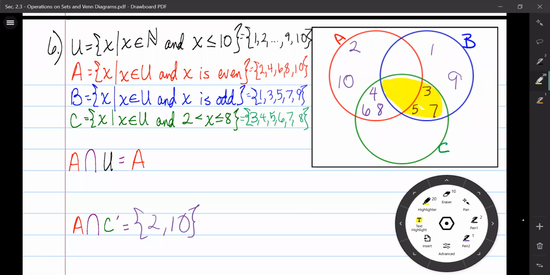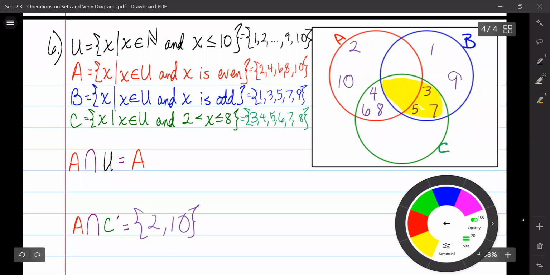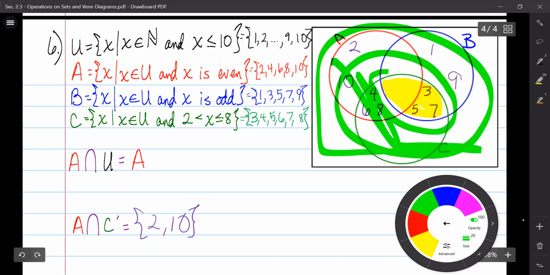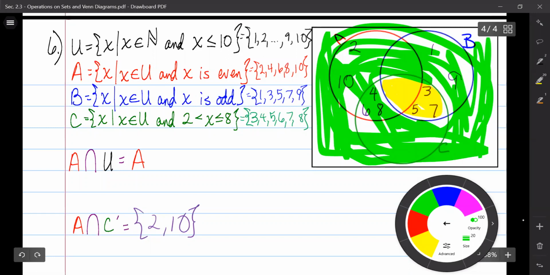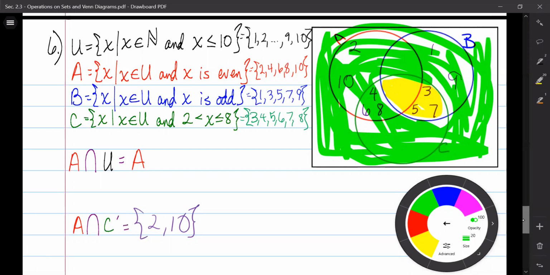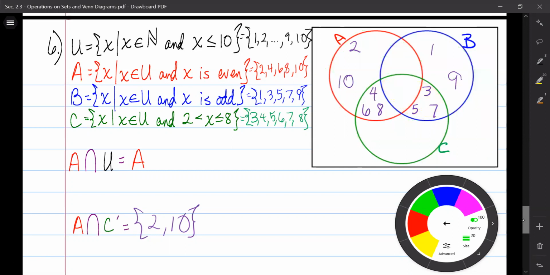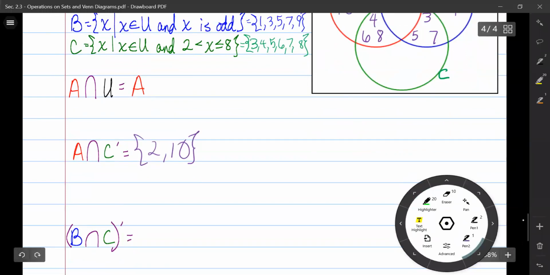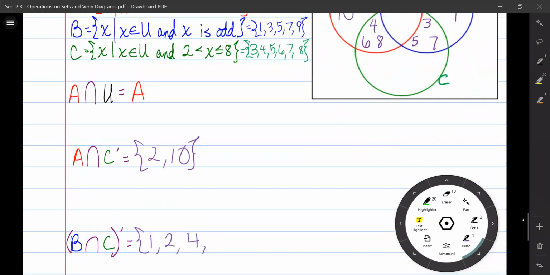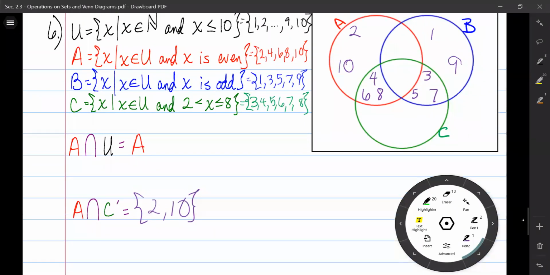So basically that's going to be 1, 2, 4, 6, 8, 9, 10.